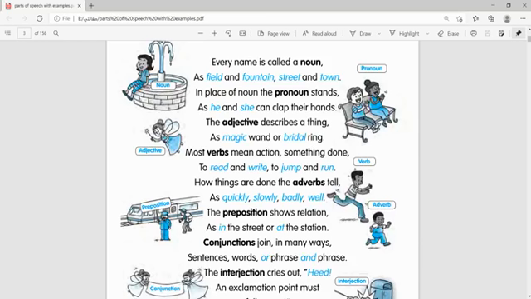Parts of speech is nothing but the classification of words in the English language into different categories. Here, you will be classifying words of the English language as per their presentations.